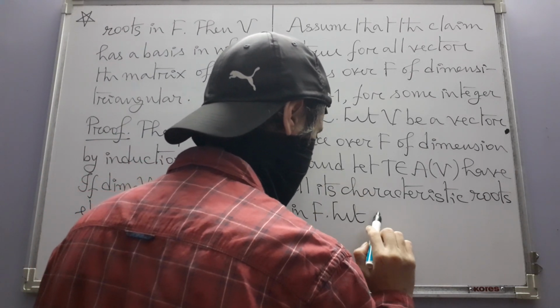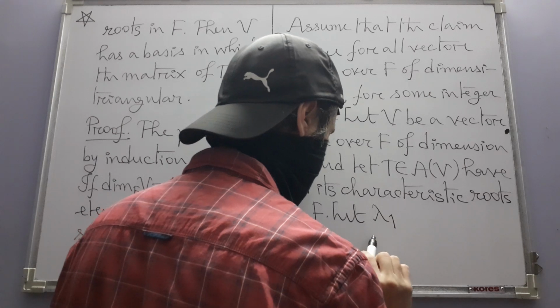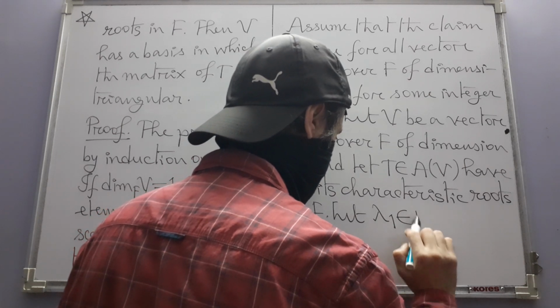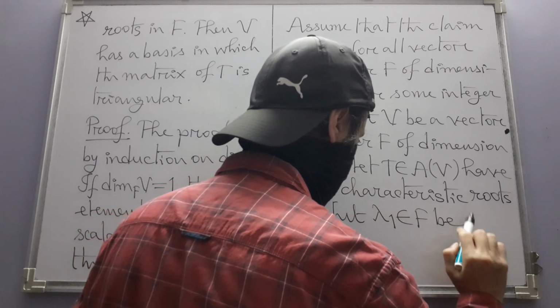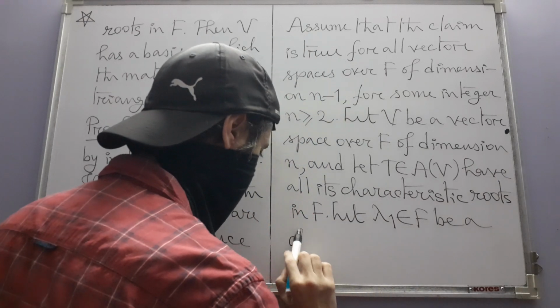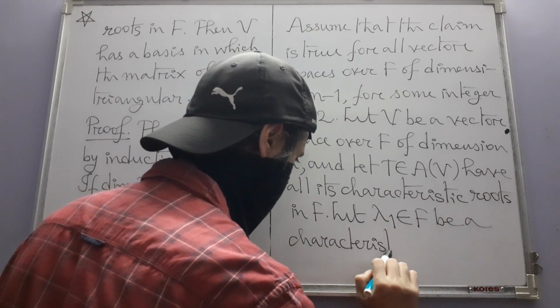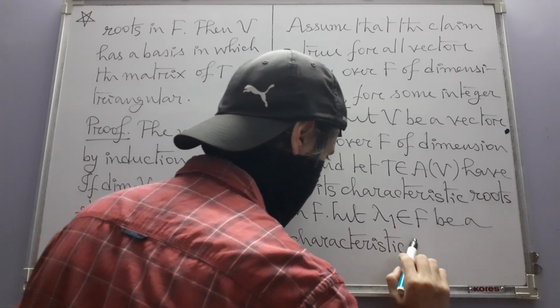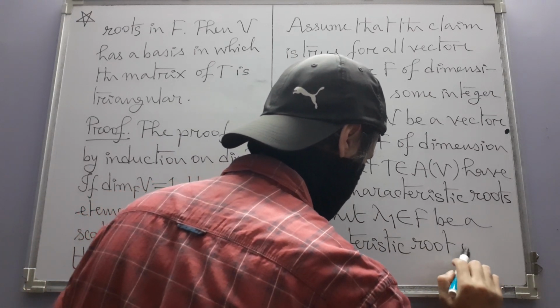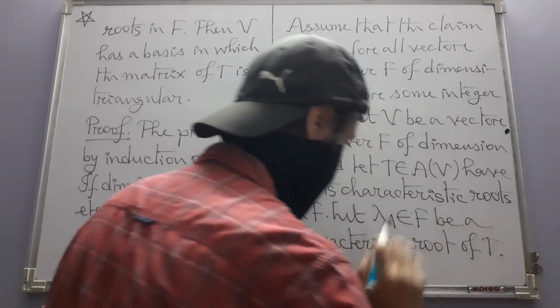Let lambda 1 belonging to F be a characteristic root of T.